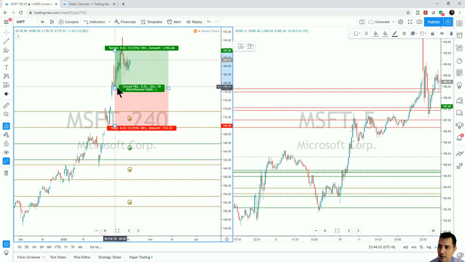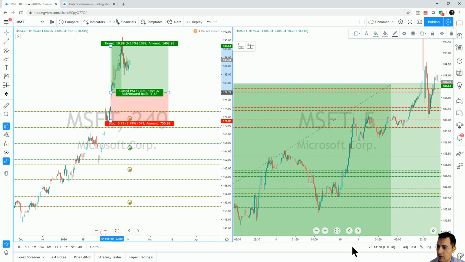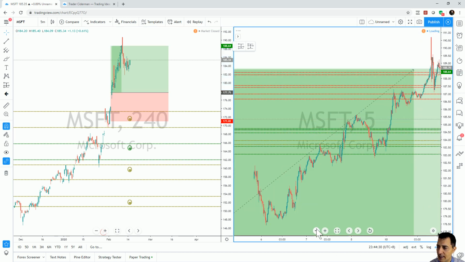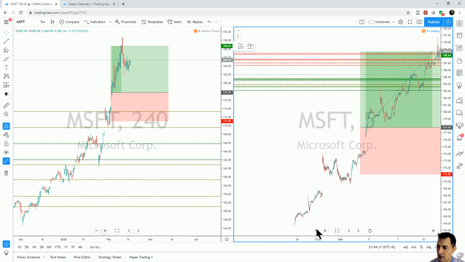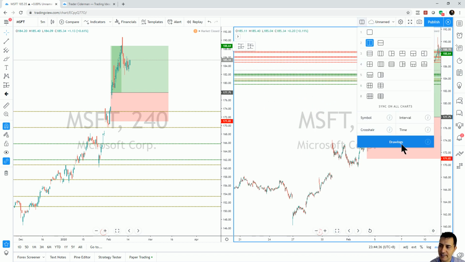So what happens? If I place a long and short tool here on the left, this tool, as you can see, also shows on the right automatically, even though it's a different time frame. Why? Because I got the drawings synced, which I could disable if I choose to. Again, so many different things you can do.